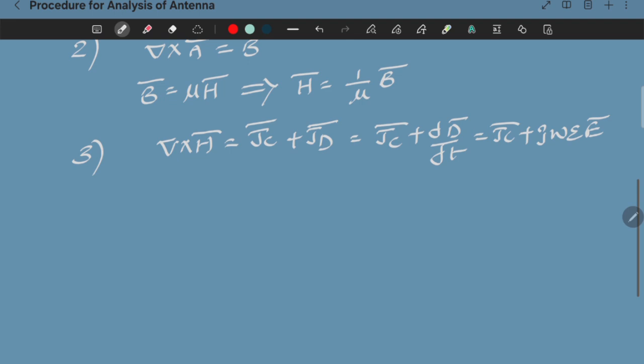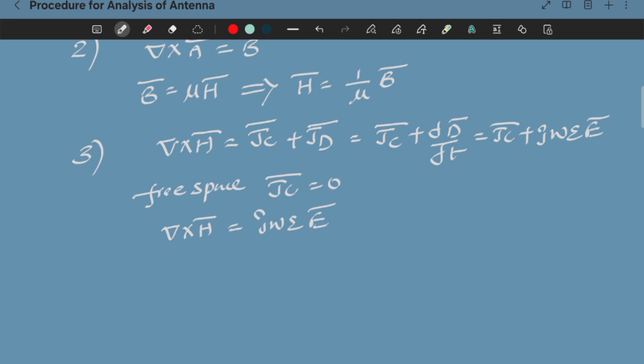So what I am doing is, we are finding these fields in the free space. So in the free space, you can take Jc is equal to 0. So del cross H bar is equal to j omega epsilon into E bar. This is the Maxwell equation we can take in the free space.